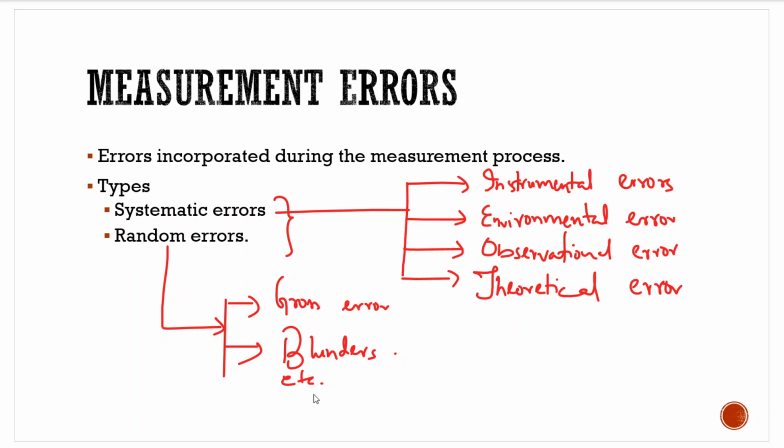So firstly, there are errors because of measurement, and there are errors because of noise, disturbances, etc. These measurement errors are then divided into two types: systematic errors and random errors. Systematic errors are further divided into instrumental errors, environmental errors, observational errors, and theoretical errors. The random errors are divided into gross errors, blunders, etc. All other types of errors that are undefined in nature can be classified under the random errors.